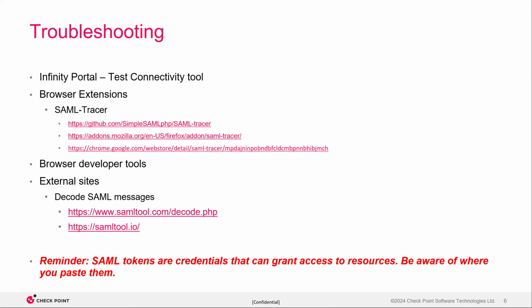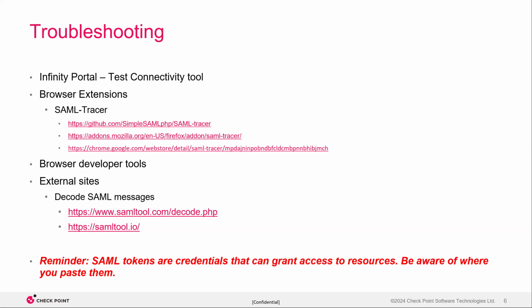For requests that have SAML requests and responses, you'll get a new tab that says SAML, and you can then inspect the XML directly from the browser in the response that you're getting.